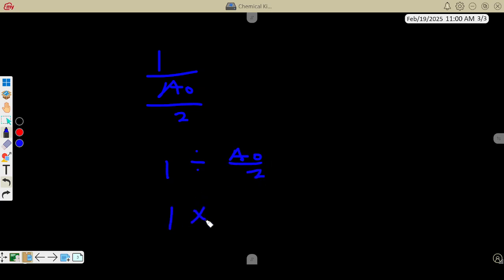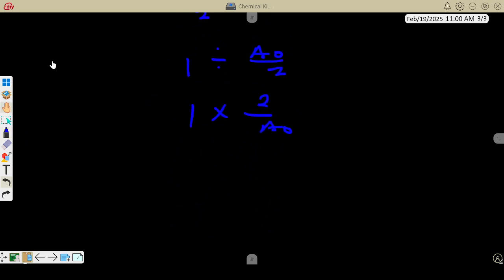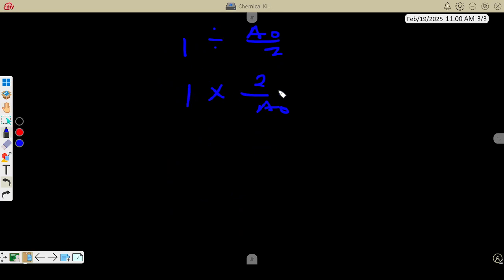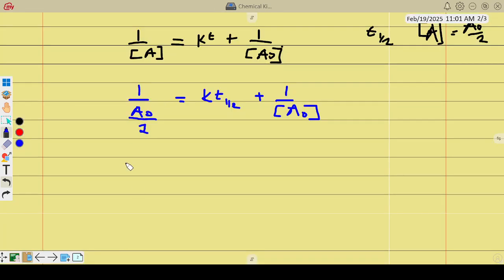So this means we're going to have 1 times 2 over A naught, and 1 times 2 is 2. So we have 2 over A naught. So 1 over A naught over 2 is 2 over A naught, like this. And then here we have K.